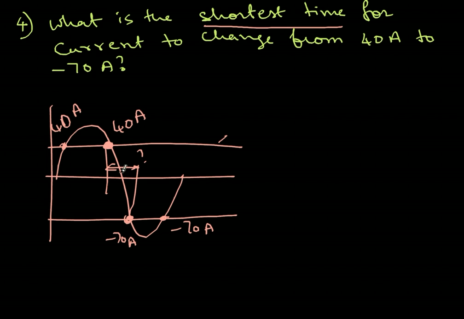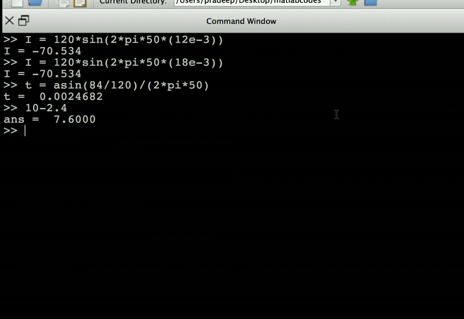So how do you do that? If I call these points A, B and C, then AB I can find separately and BC I can find separately, and then I will add them. So let me go back to my interface.